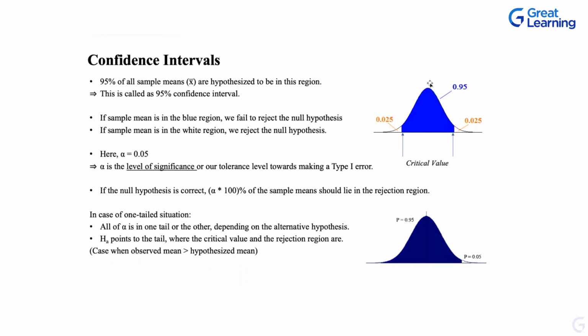I define a boundary here as 540 and 660. So any bottle, when I randomly pick a bottle and check how much quantity it has, if it falls in that range of 540 to 660, I say that that bottle conforms to the normalcy. Otherwise, I have to reject that this bottle is an exception. So that doesn't conform to what the normalcy should be.